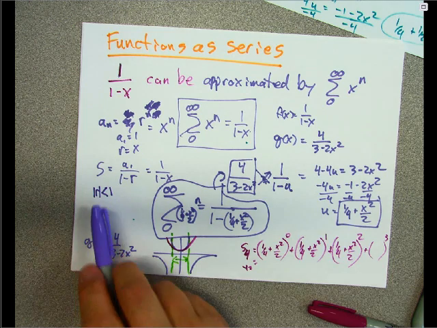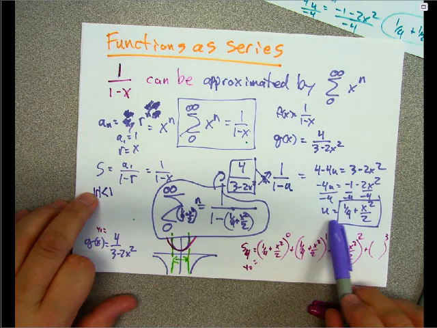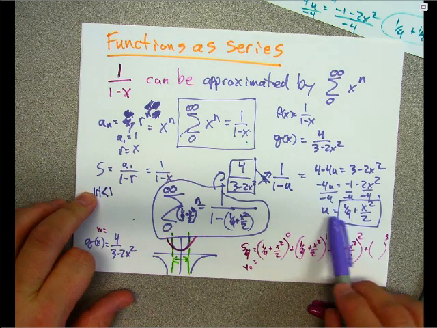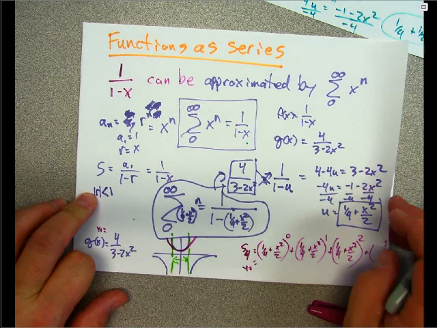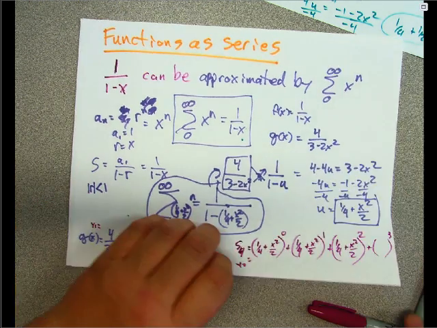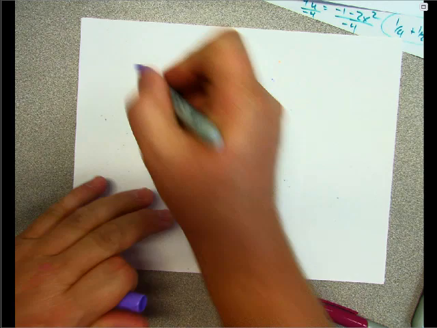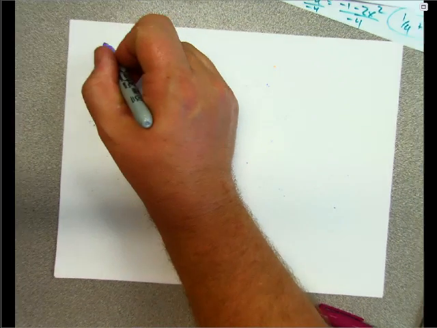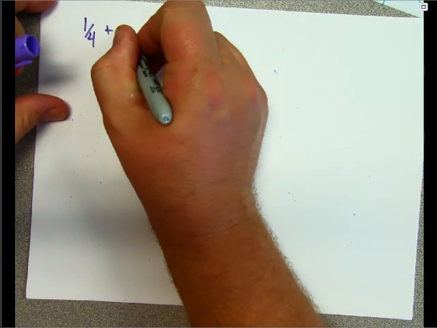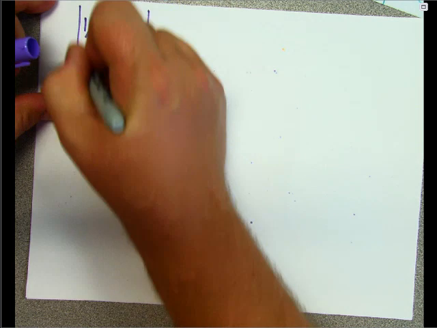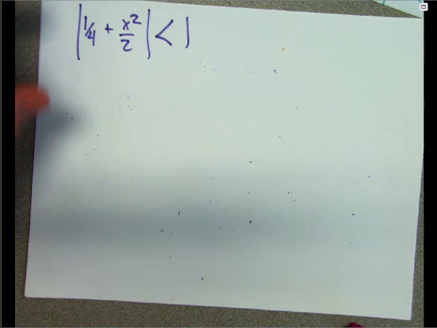Well, we went ahead and solved all this, and we said r, or u in our case, is 1/4 plus x squared over 2. So we're going to take 1/4 plus x squared over 2. The absolute value of that has to be less than 1.